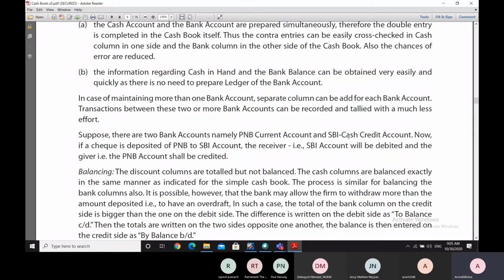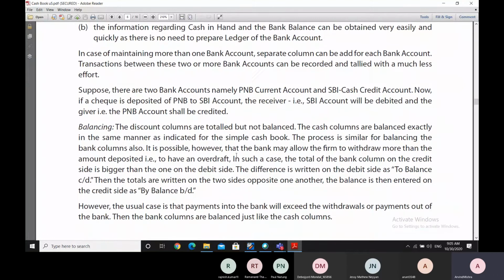A cash credit account is an account where a negative balance can also be maintained. Now, if a check is deposited from the PNB to the SBI account, the receiver, which is the SBI account, will be debited, and the giver is the PNB account, and that account will be credited straight away.